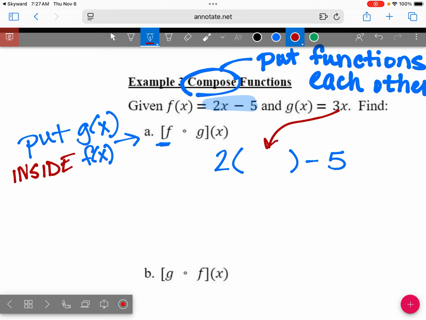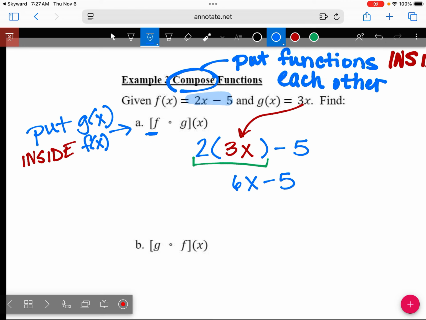So I'm taking the g function and putting it inside of the f function. And the only thing we can do here is multiply these together. And what is 2x times 3x? 6x. That would be my answer.